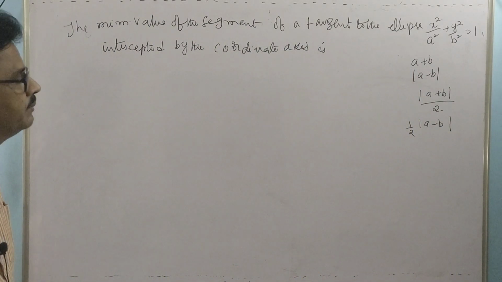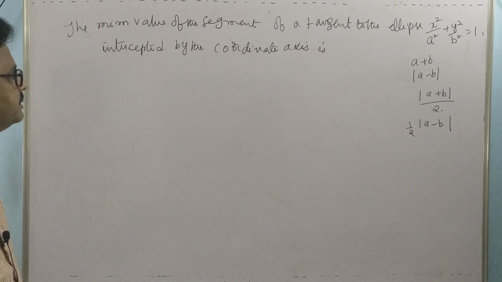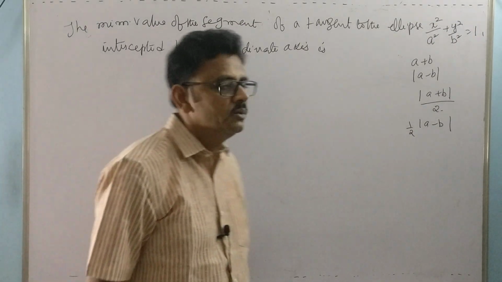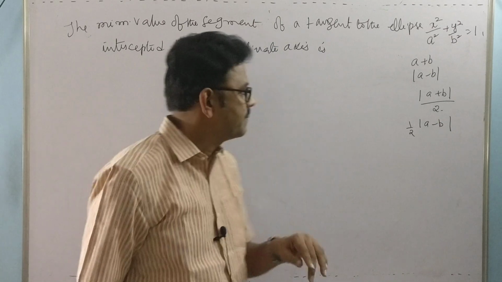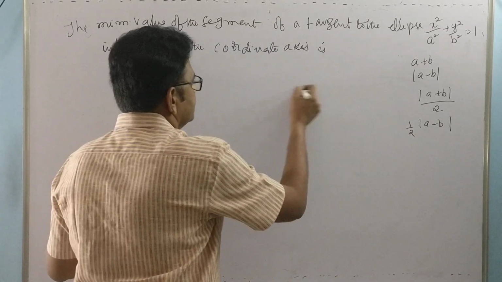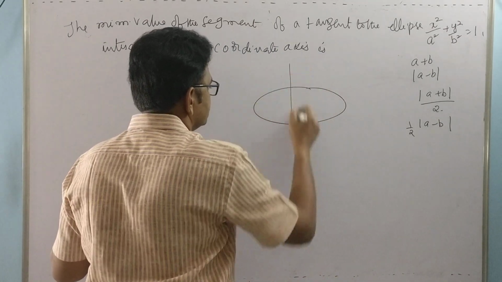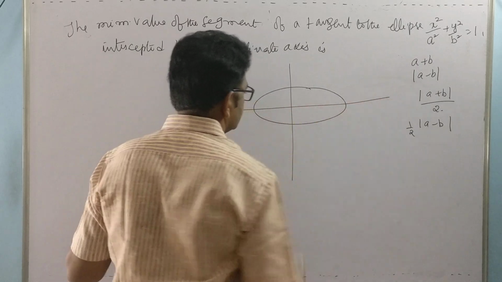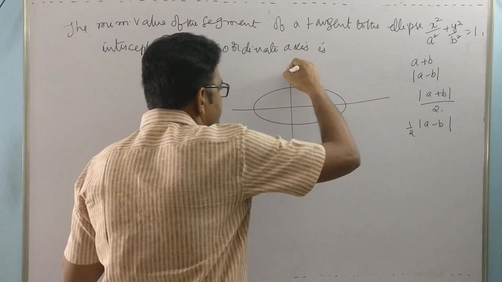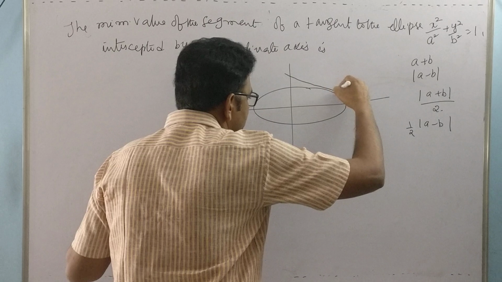Minimum value of the segment of a tangent to the ellipse intercepted by the coordinate axes. That means this is the minimum value of AB we have to find.